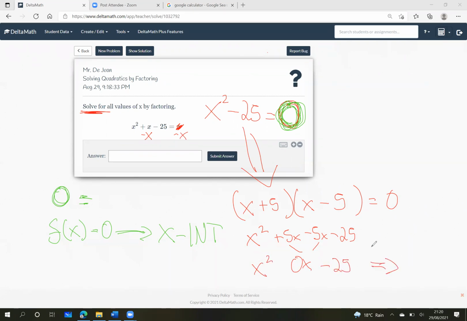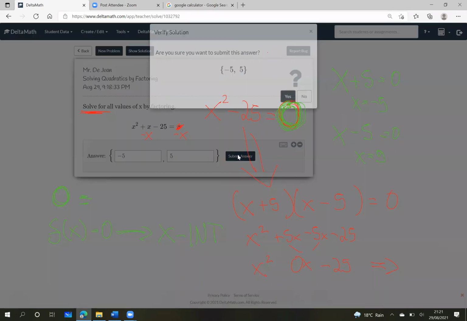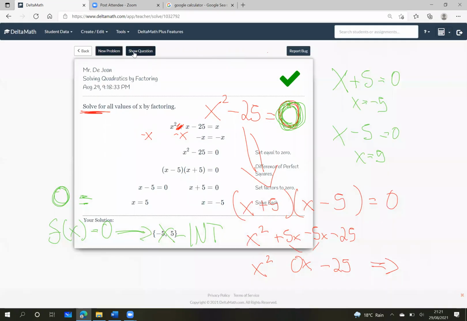So we know that these are the solutions. What is the answer? Looking at it right here, you guys will have to use the zero product property. x plus 5 is equal to 0 and x minus 5 is equal to 0. Therefore, x equals -5. Therefore, x equals 5, okay? So when you type in the answer, you must use a comma: -5, comma, 5.